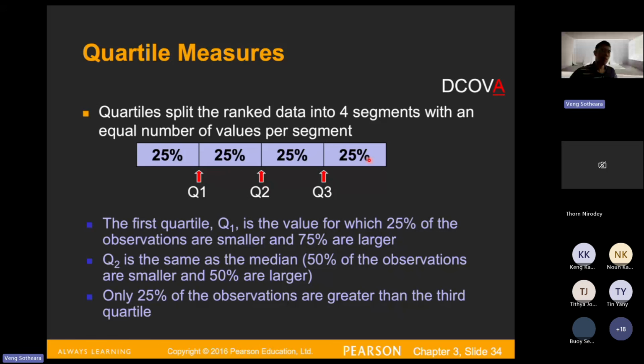Okay, you have 100% of data, and then you arrange them in ascending order from the smallest. Okay, from the smallest.